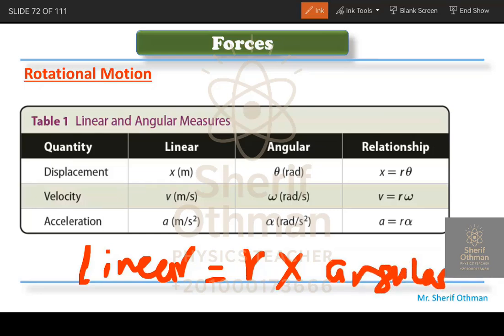So, displacement is equal to r multiplied by angular displacement. Velocity is equal to radius multiplied by angular velocity. Acceleration, radius multiplied by angular acceleration.